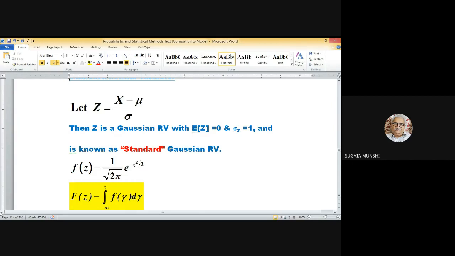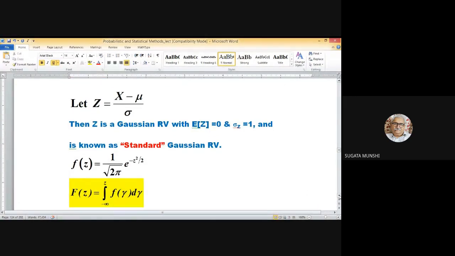Therefore, what happens to the density function? It is small fz. Just in the expression for small fx, if you insert mu equal to 0 and sigma equal to 1 and change the variable notation, the symbol of the random variable from x to z, you get this expression.